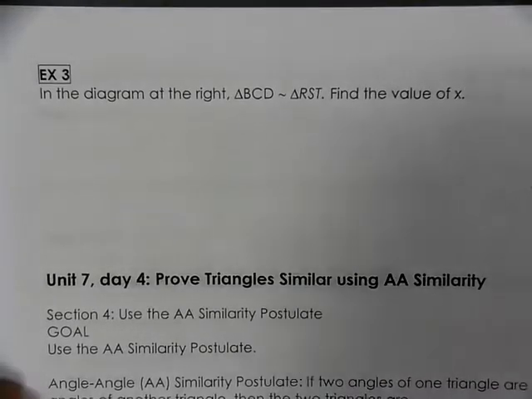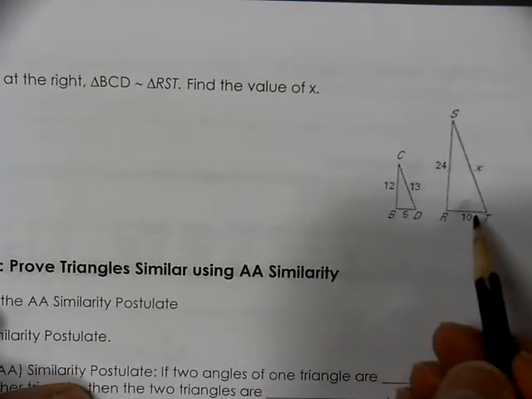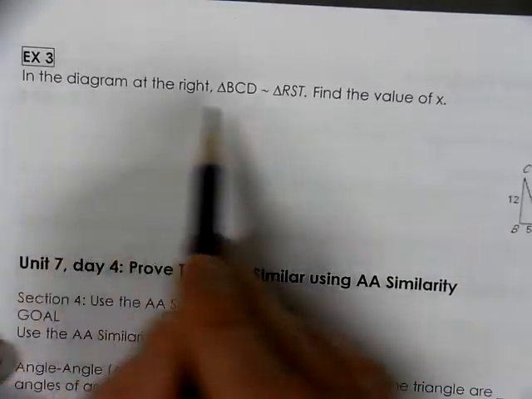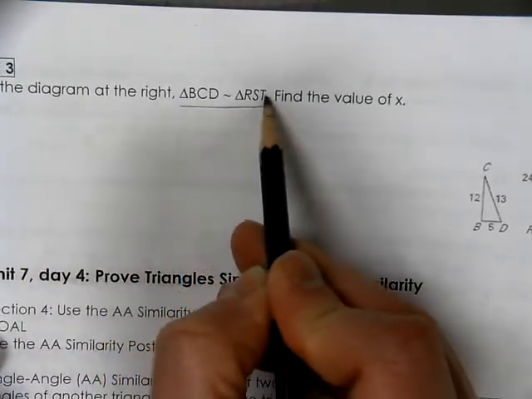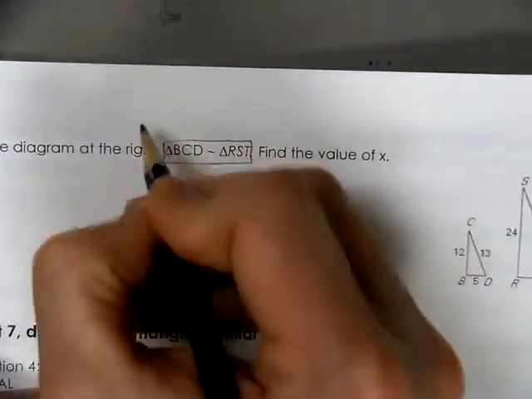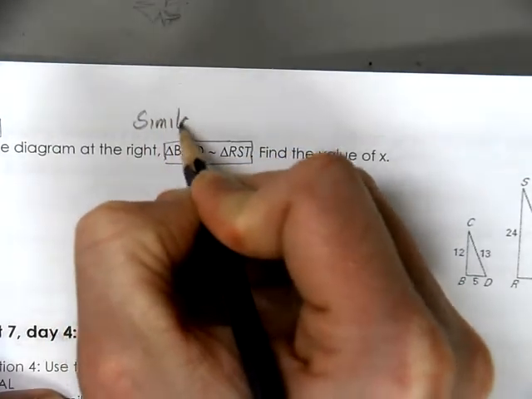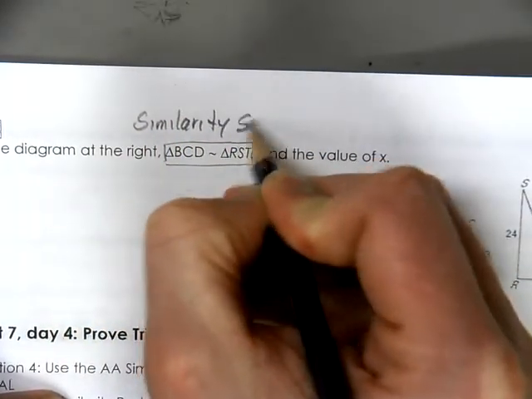Our last example. Here we have two triangles. We know that the two triangles are similar to each other. We can look here. This is called a similarity statement.